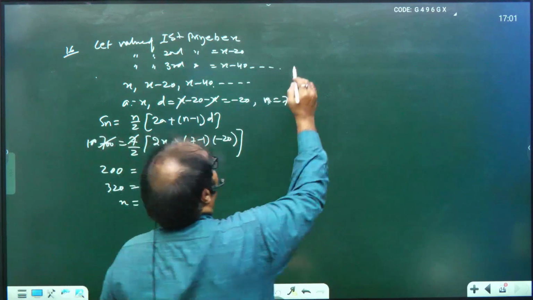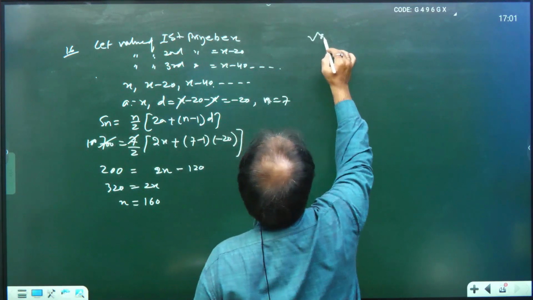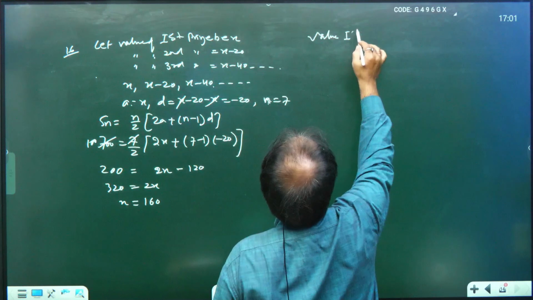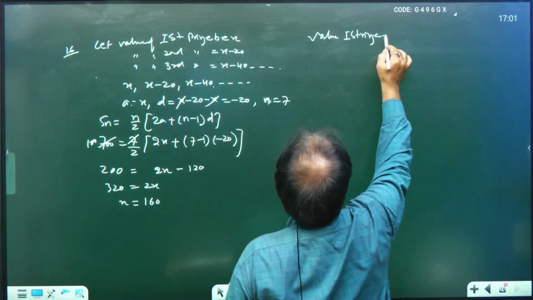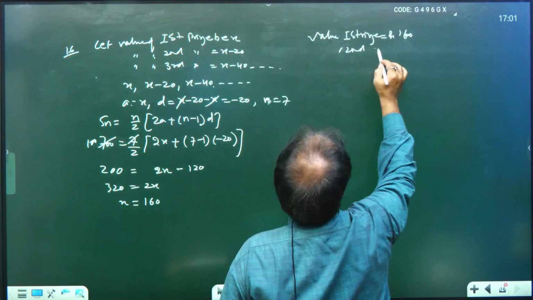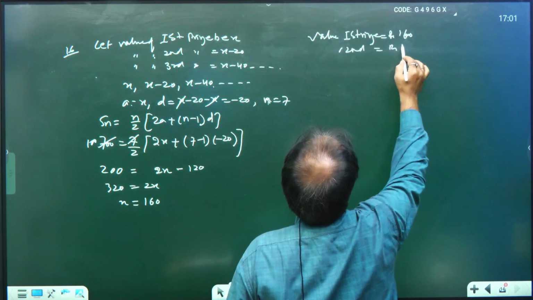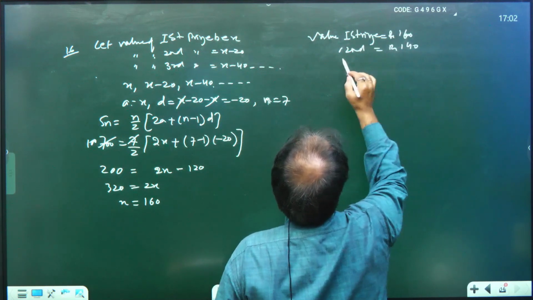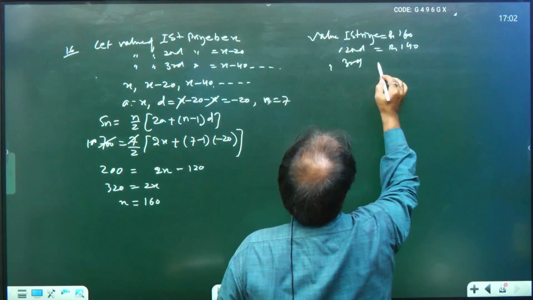So the value of the first prize is rupees 160. Value of the second prize, 20 rupees less, that will be 140. Third prize will be 120.